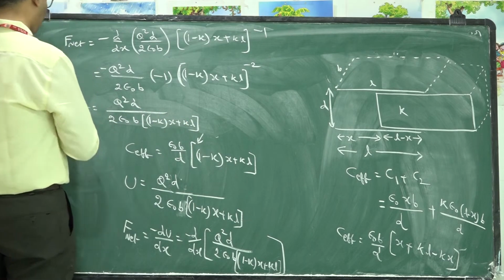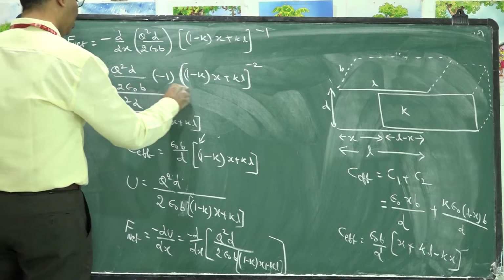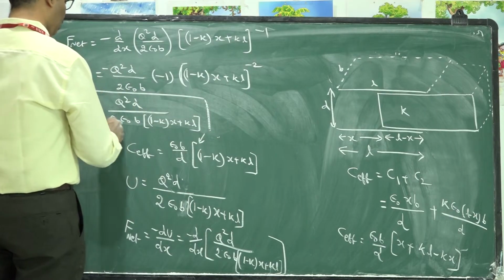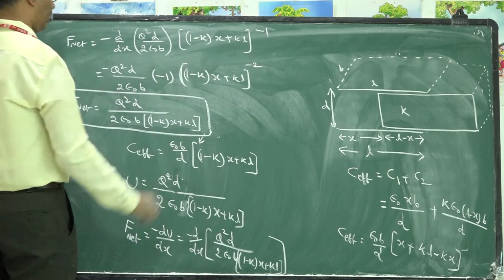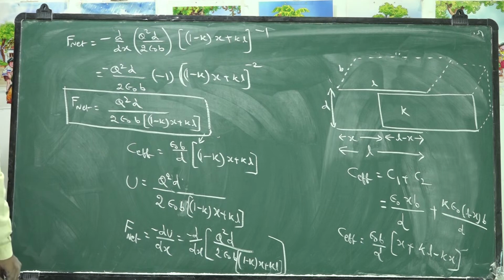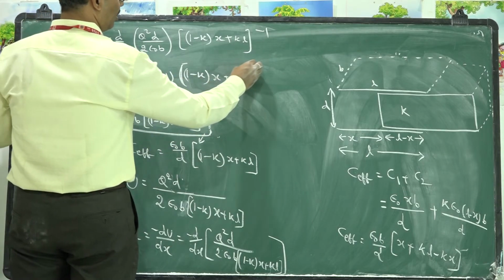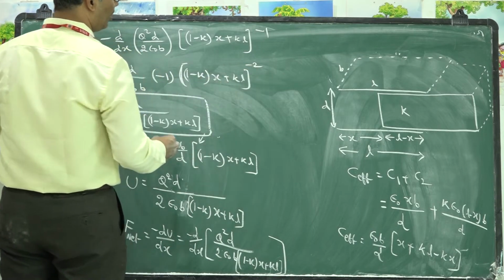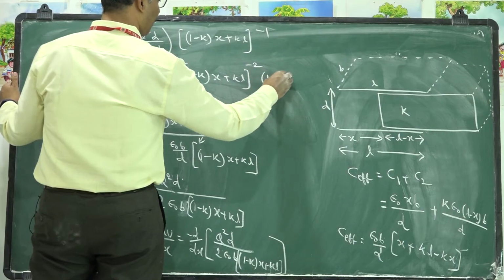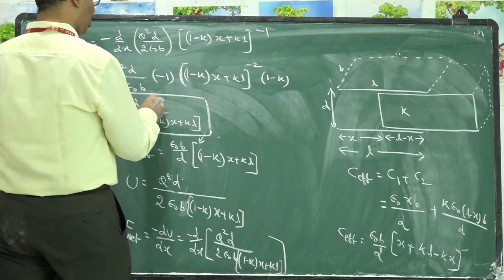This is a very important formula for solving many problems. If you are unable to do the derivation, at least try to remember the formula. What is the formula? Q square into, again in the differentiation, n into x power n minus 1, and for the inner part we need to write the derivative, that is 1 minus k. So 1 minus k also will come in the numerator.